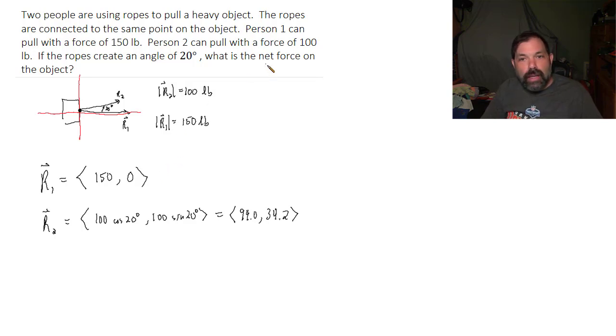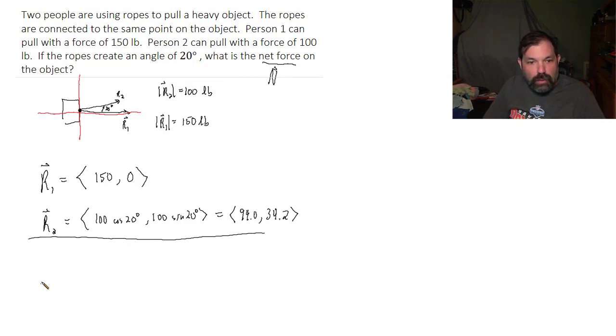Now, the net force on these would be R1 plus R2. Let me call that net force N. So then the net force would be R1 plus R2, and that's easy, just adding the vectors.